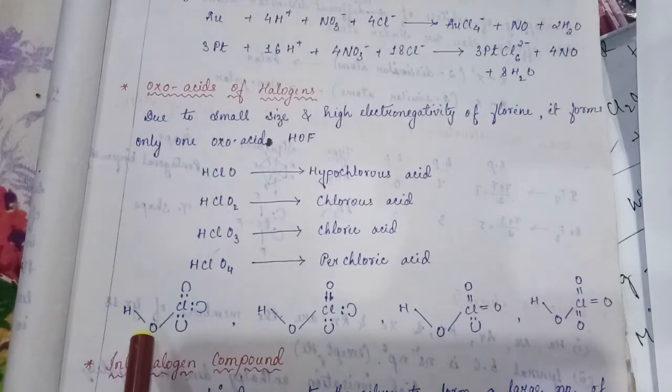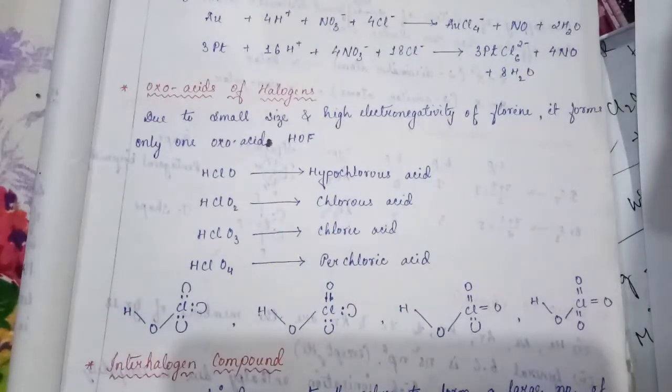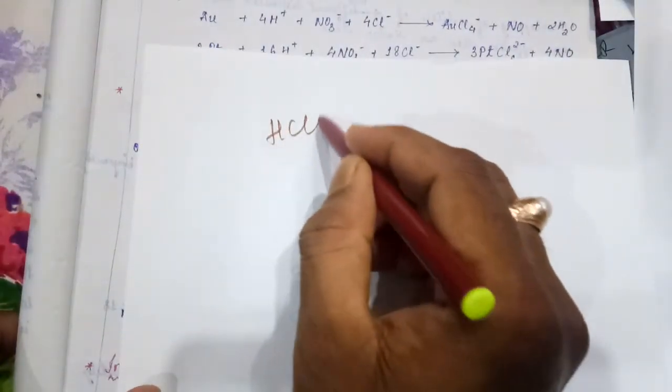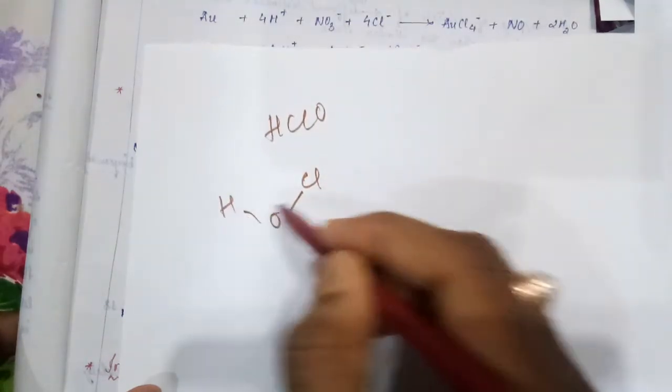This is the structure of HClO. Remember, chlorine can form a maximum of 7 bonds. If you want to draw the structure of HClO, Cl first forms a bond like that.